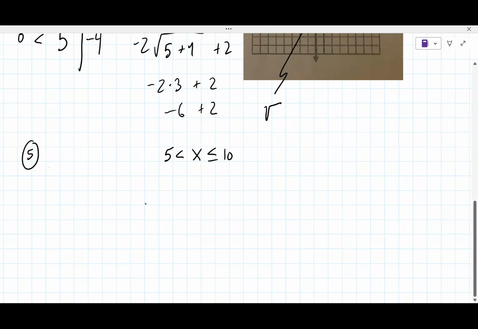Okay. What's the function though? That's the inequality. What's the function? x minus 9. Yes. So in your table, you're going to put 2 values in. You're going to put in 5 and 10.